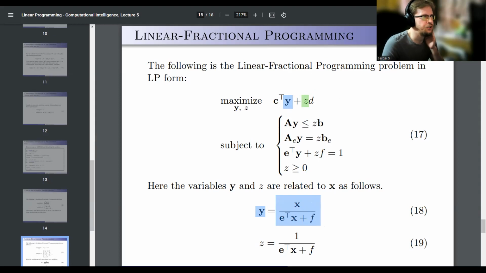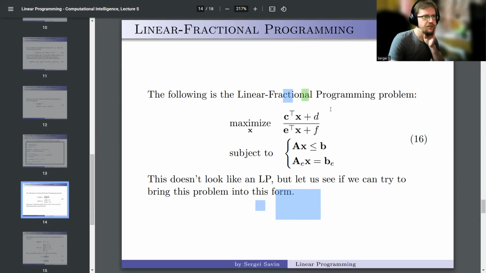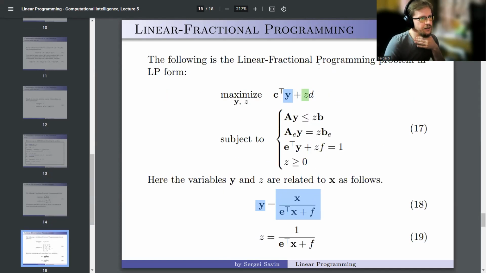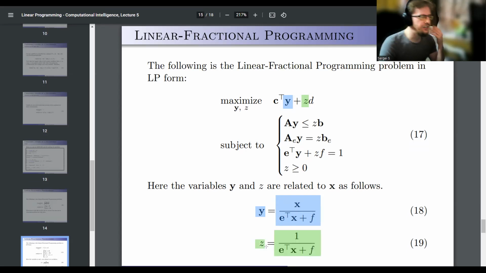That is the original denominator. So y is x over the original denominator. So it is a vector variable. Now the next one is z, and that is just 1 over ex plus f, the original denominator. So y, in a sense, is x times z.